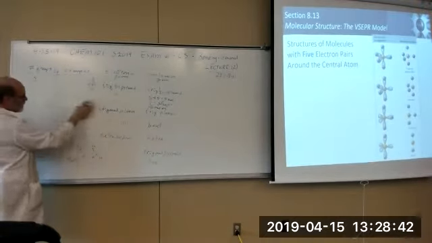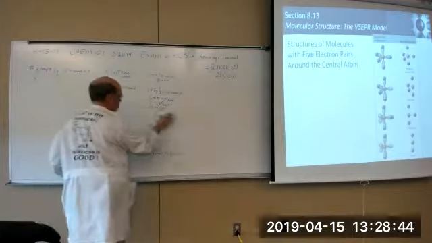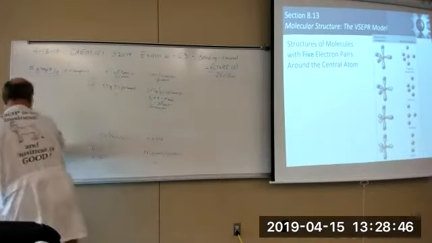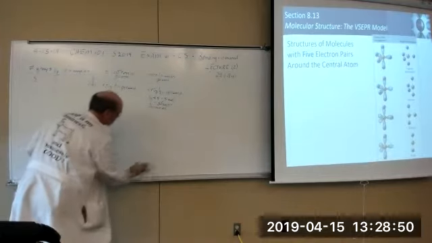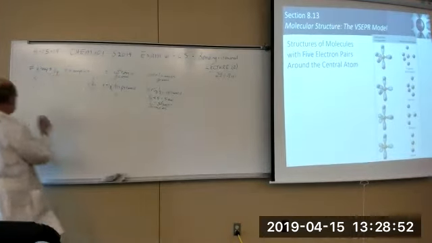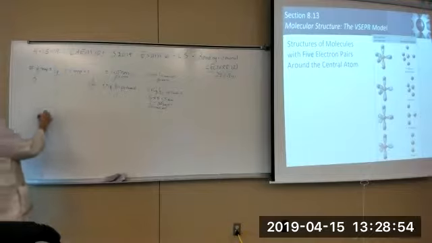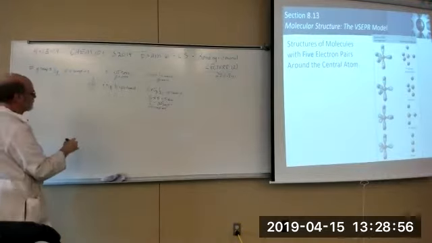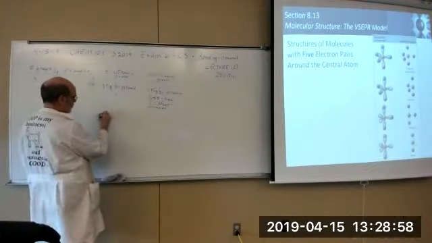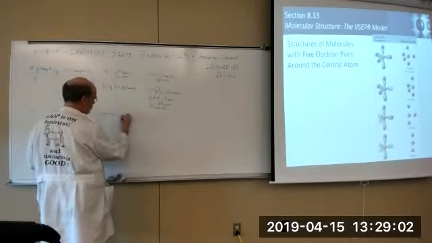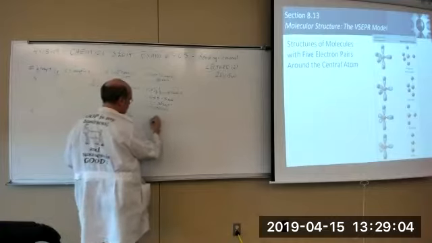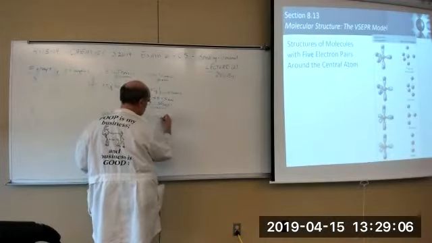6. If you have 6 groups, okay? No lone pairs, 6 groups is octahedron. No lone pairs, still octahedron.